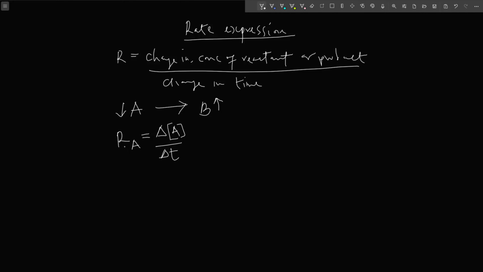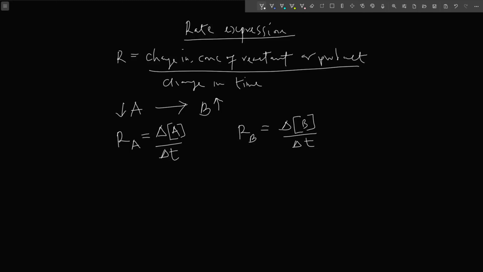This will be the rate at which A is disappearing, okay? And RB, let's say RB equals rate at which B is being formed in this reaction, will be change in concentration of B over change in time.